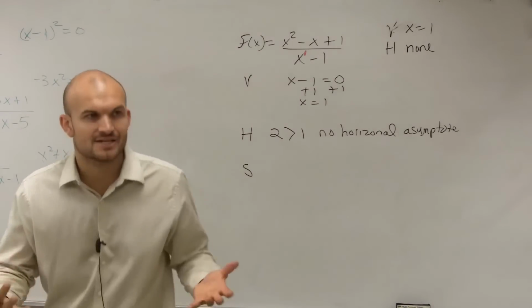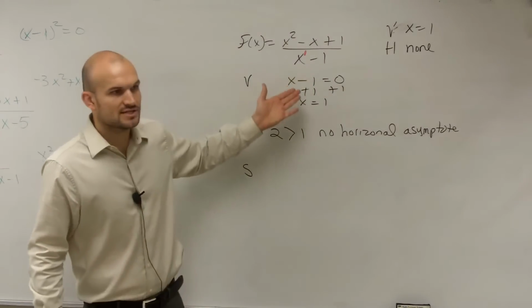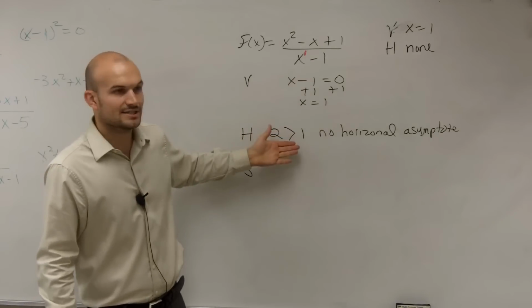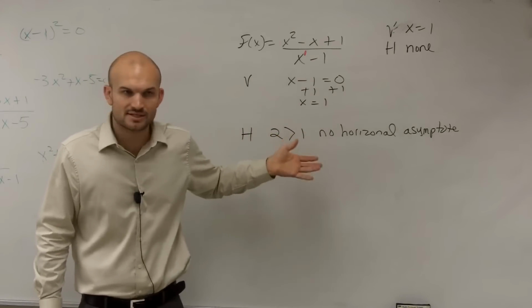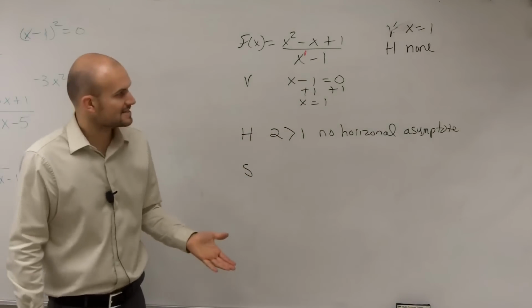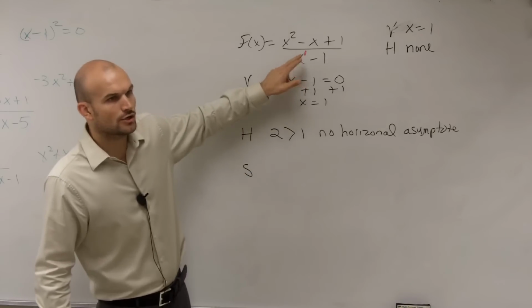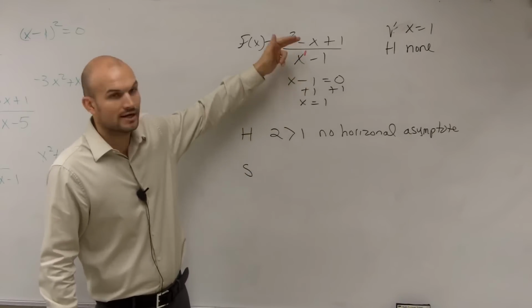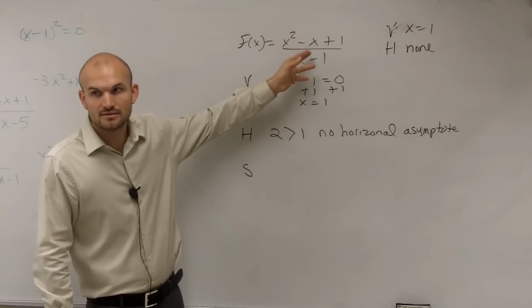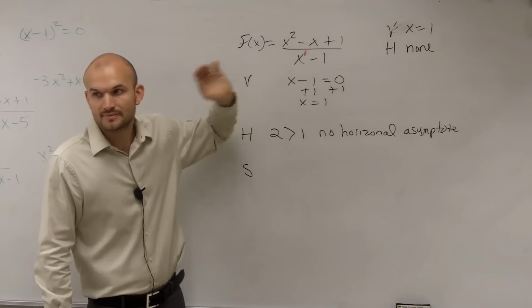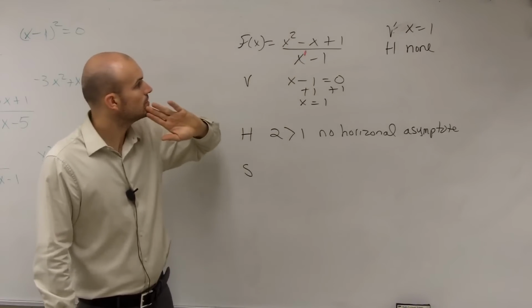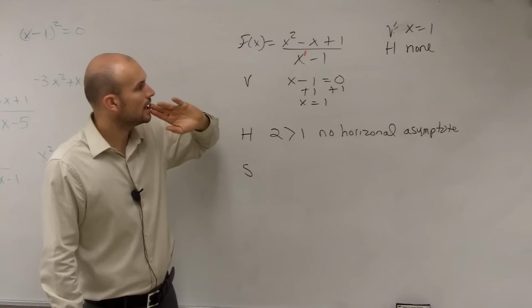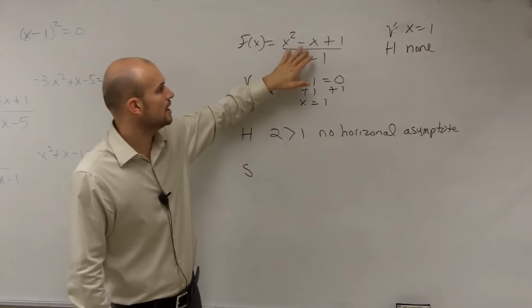So how do you find your slant asymptote? Vertical, you set it equal to 0, right? Horizontal, you do the test, and that determines what it's going to be. For slant asymptotes, since this has a smaller degree and this one has a larger degree, that means I can divide x minus 1 into this, right? No. You can't.